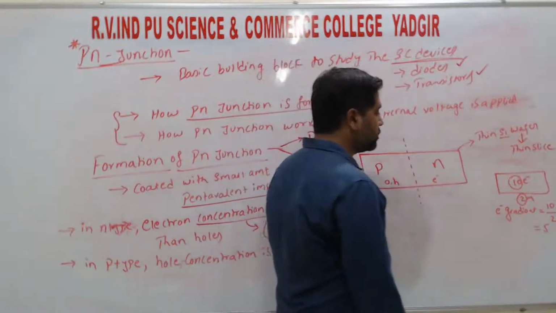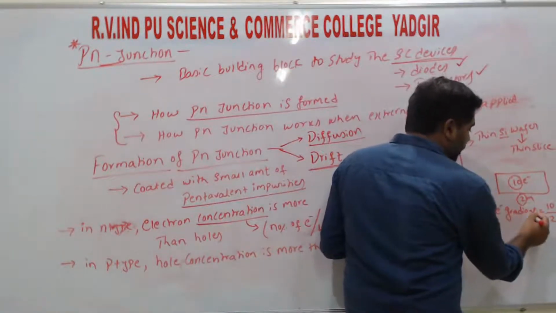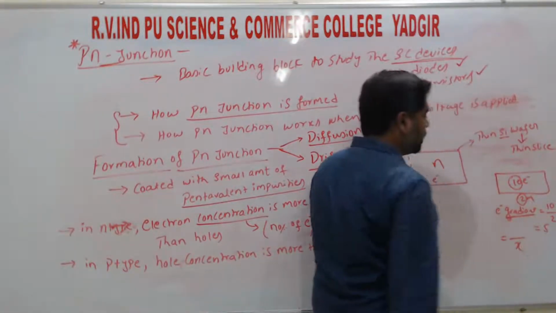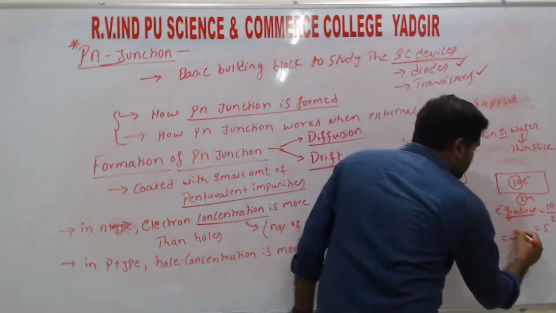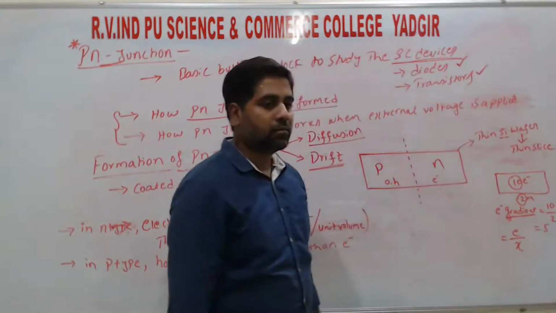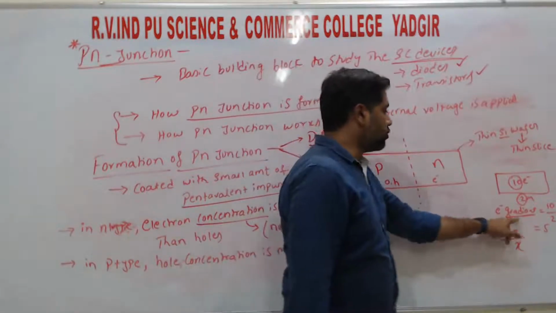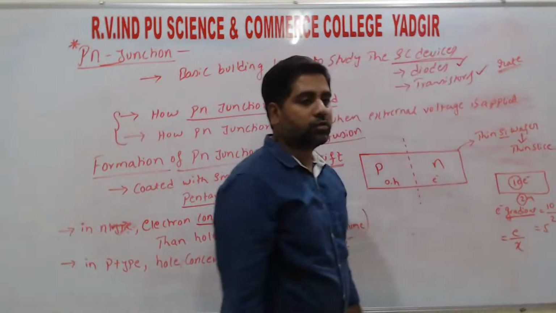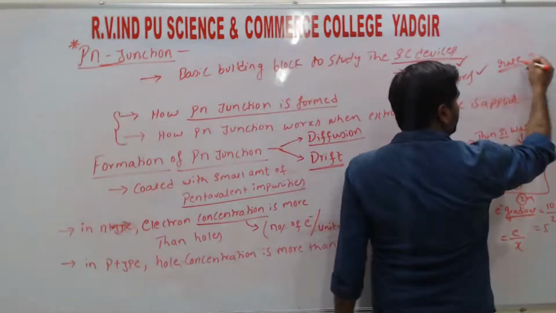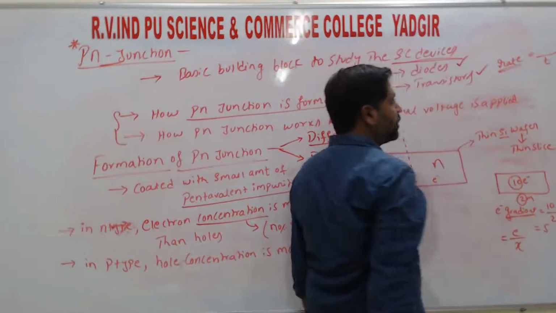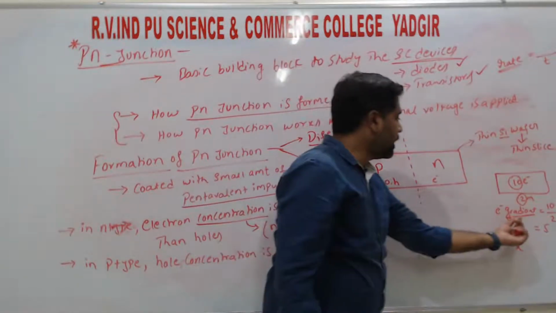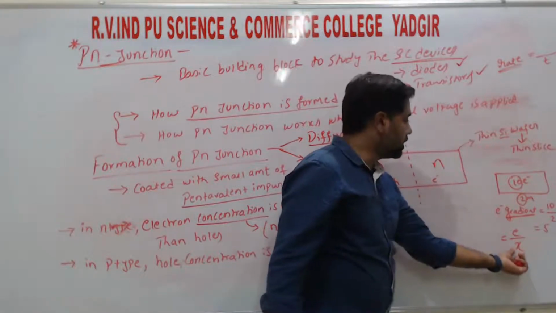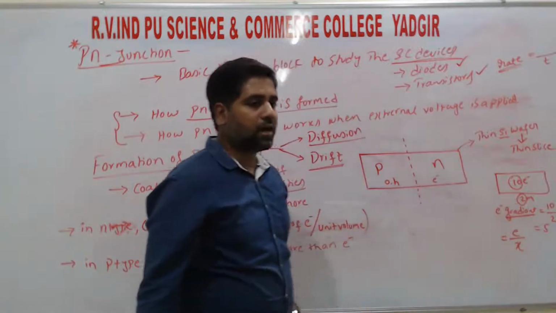The gradient is always divided by the distance x. So if it is electrons, then it becomes e divided by x, right? This is similar to the rate of change. Wherever we use rate, it is always divided with respect to time. Similarly, for the gradient, we always divide with respect to the distance, that is either length or height, right?